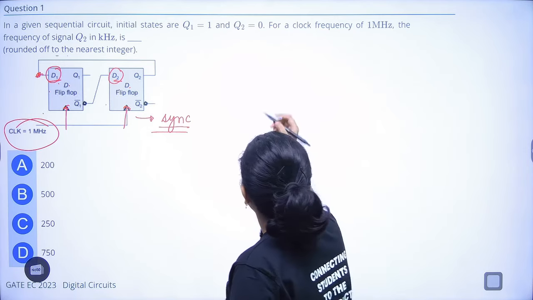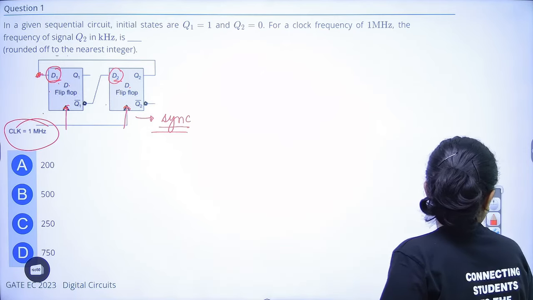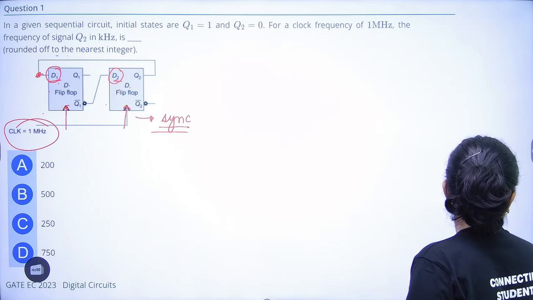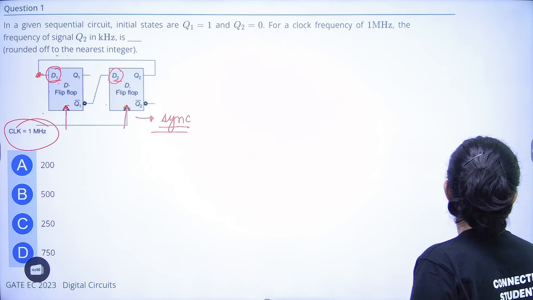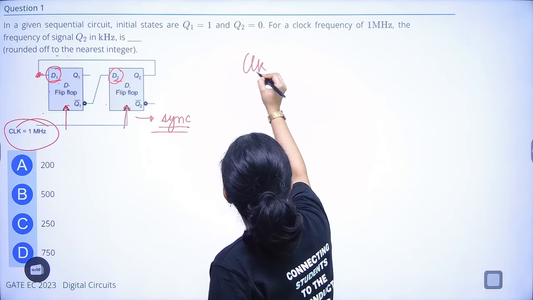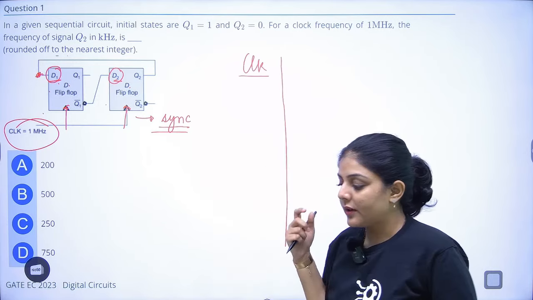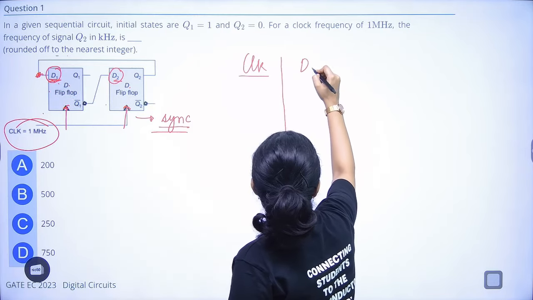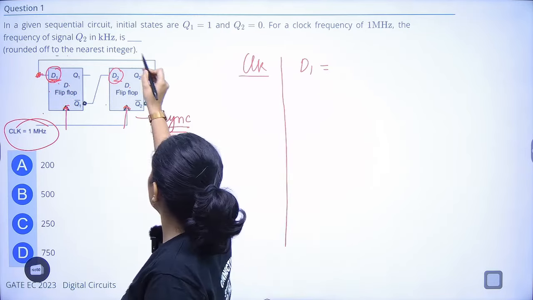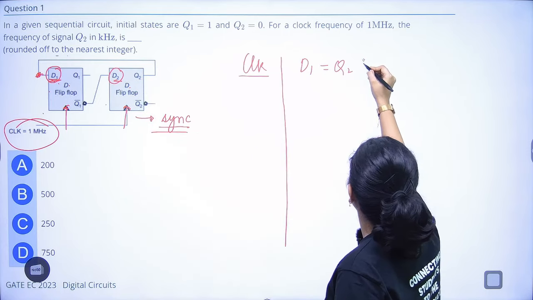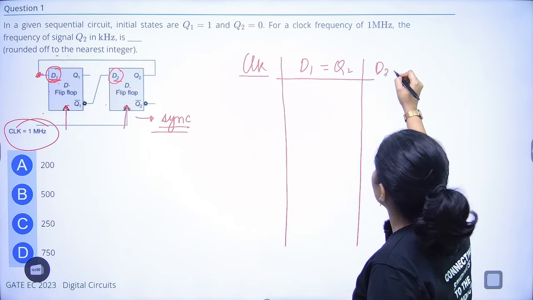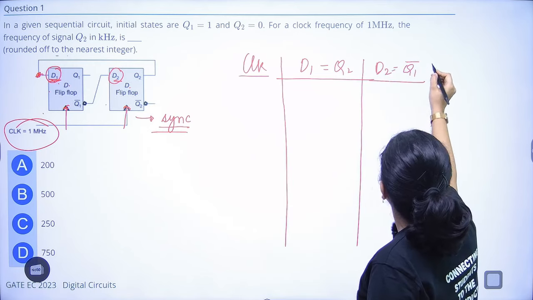So now in this table, we will start from the clock. First input D1 is connected to Q2. Next, D2 is connected to Q1 bar.